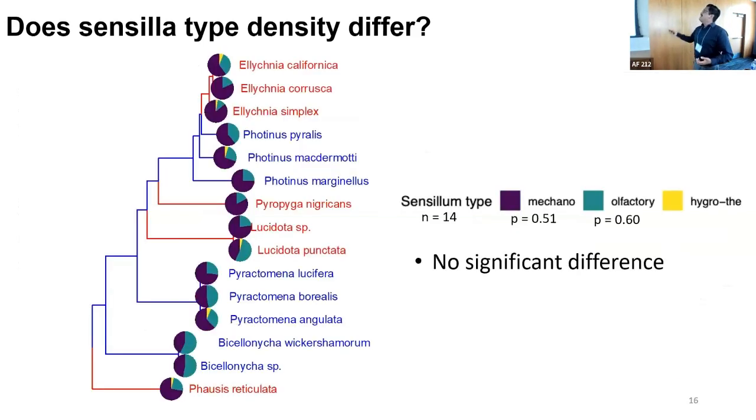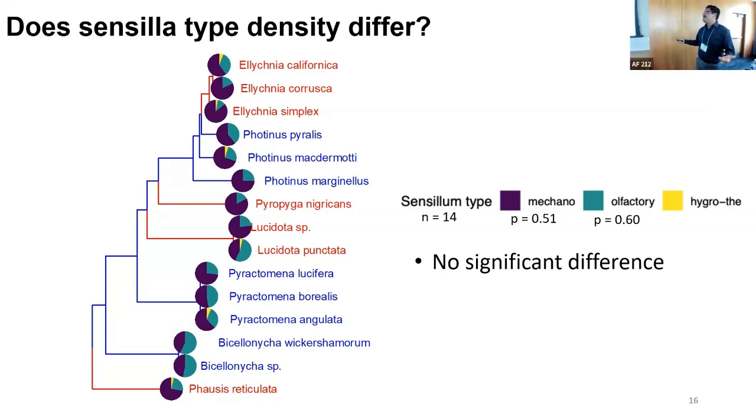We also were able to make this really cool tree that shows the fraction of mechano and olfactory sensilla. What we found was that there was no difference in the fraction of mechano and olfactory sensilla in our visual and chemical signalers.